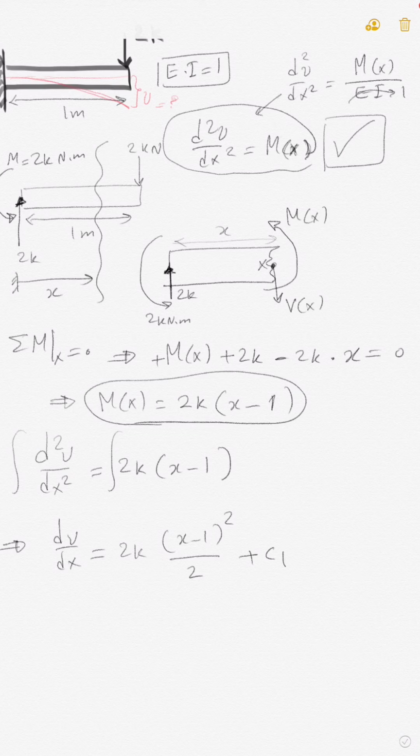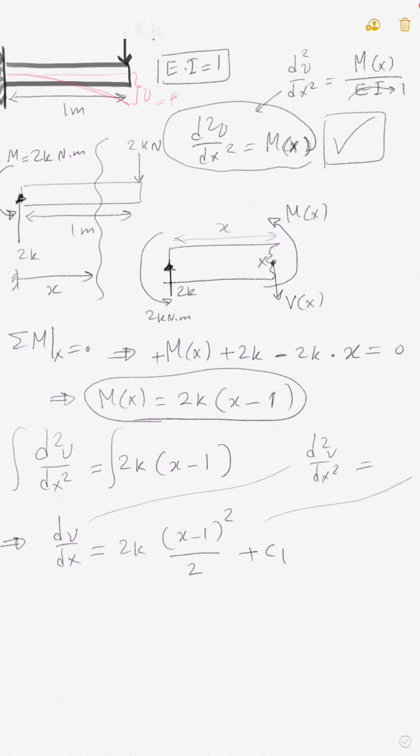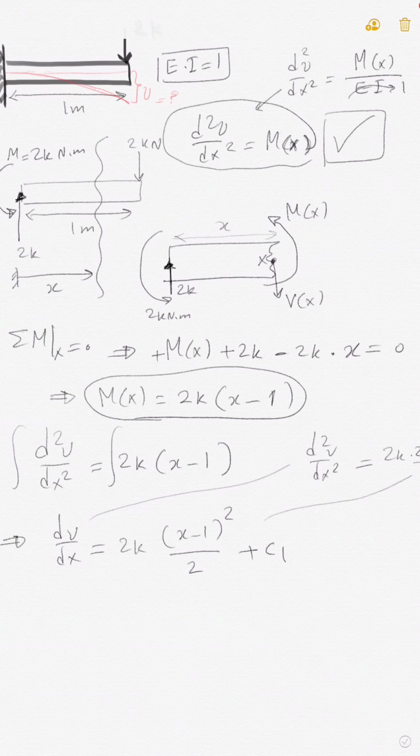If you don't believe it, take the derivative of both sides. If you take the derivative of both sides, this becomes the second derivative of v with respect to x, and this becomes 2K times 2 times (x minus 1) to the first power times 1, and you already have a 2 here, plus the derivative of c1, which is 0, because that's a constant, right?